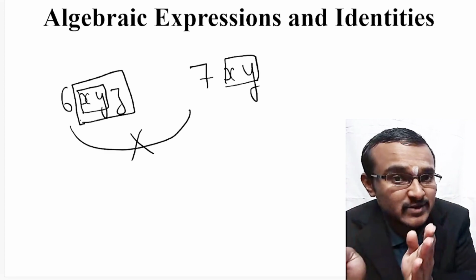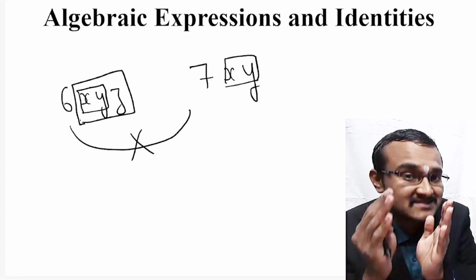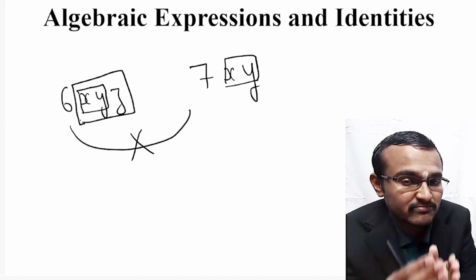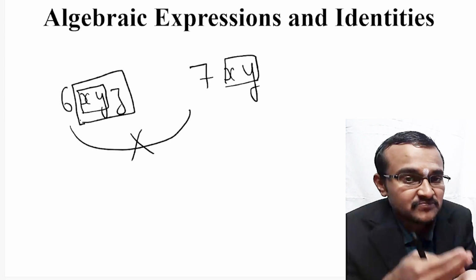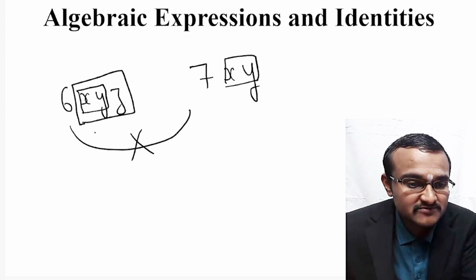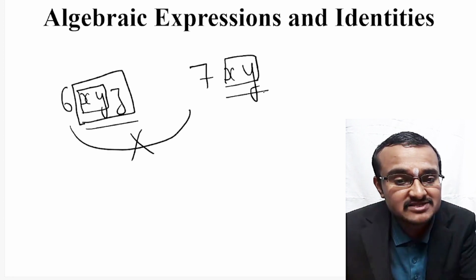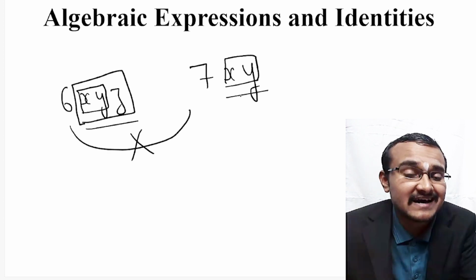There is no x, y and z with 7, only x and y. So the variable which 6 contains is xyz and the variable which 7 is associated with is xy.